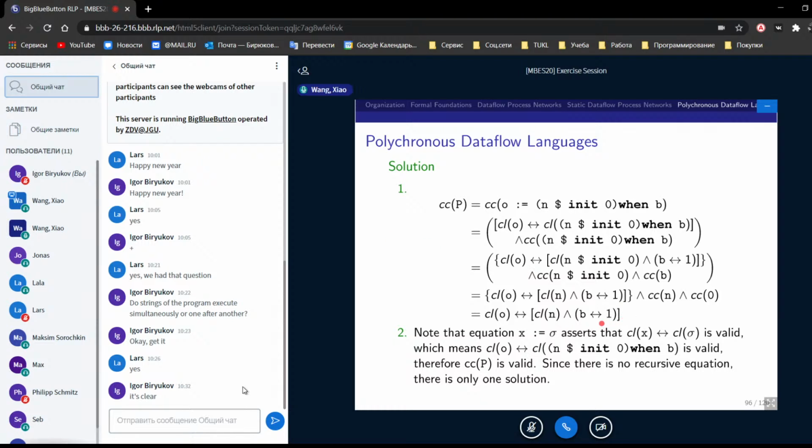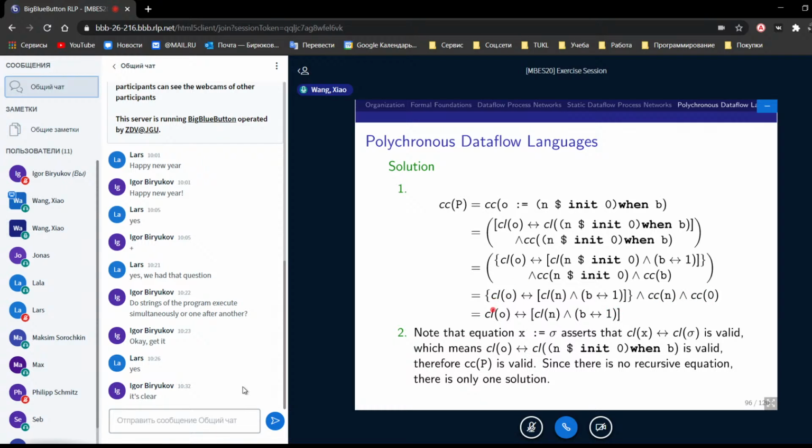Okay. So it asserts that this is then valid: the clock of the right-hand side is equal to the clock of the left-hand side. Which means that this whole part here is already valid, which means this whole part is all true. Whatever you get, because this one is simple, as we know, this C here we have computed here, here, here. It's equal to true.